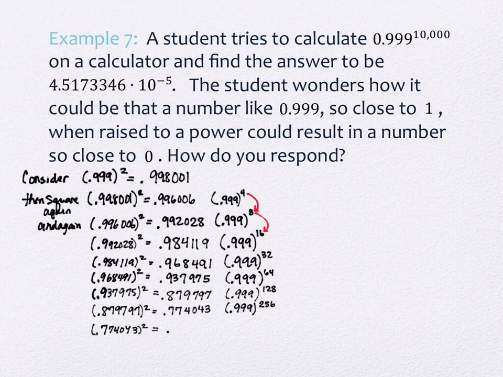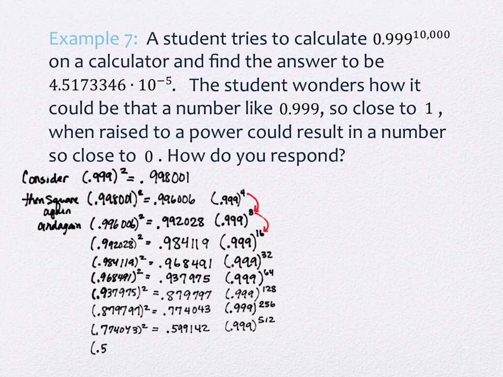I'm trying to get to an exponent that's almost 1,000. That's what I'm trying to do, just so you know, is why I'm doing the numbers I'm doing. So 0.599142. Do you know where my exponent is now? It is 512. So one more iteration will get me to the power of 1,000.